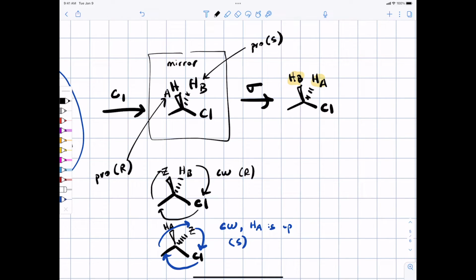And a chiral enzyme, a chiral reagent, can distinguish between the pro-R and the pro-S protons.